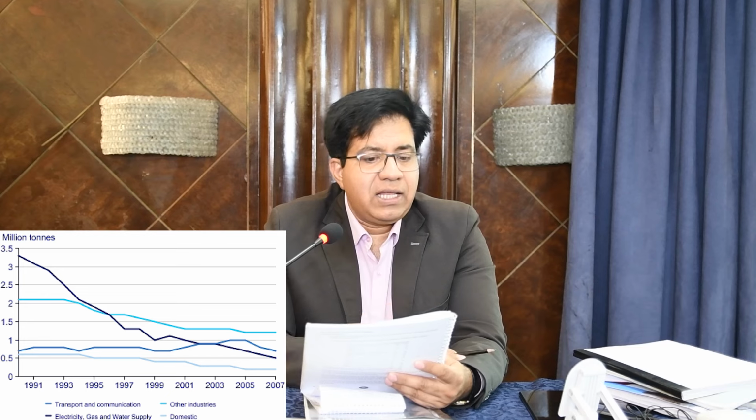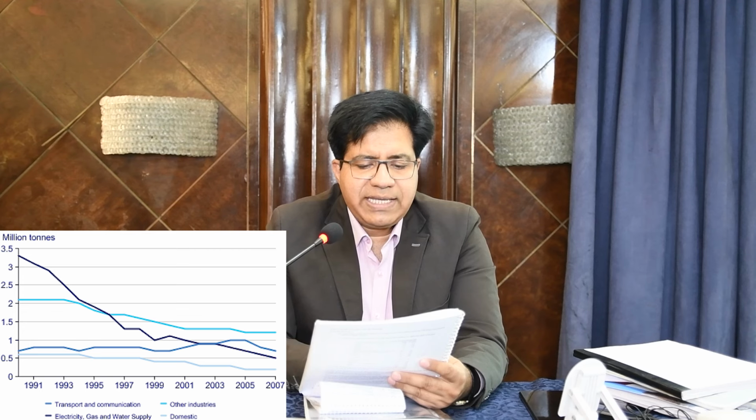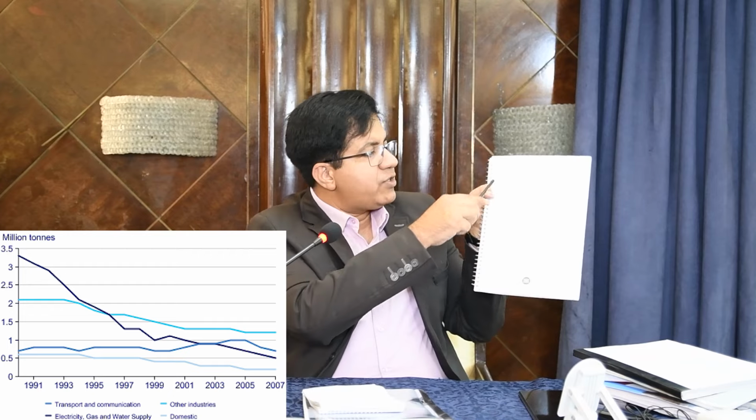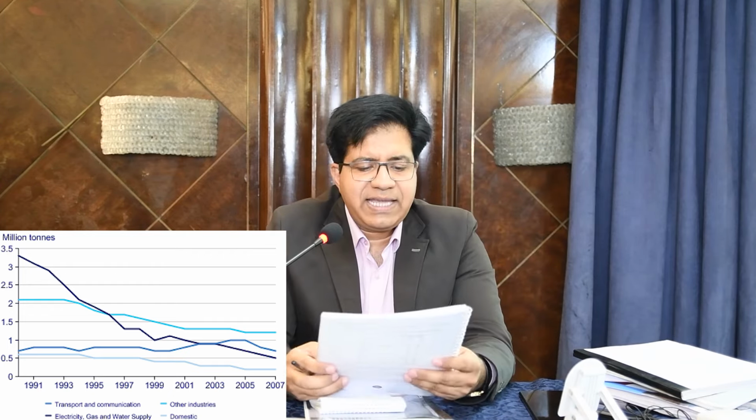Now, from 0 to 3.5 million tons, you can see these 4 lines. One line is transport and communication. Second line is electricity, gas and water supply. Third is other industries and the last one is domestic. Okay, when you write the first paragraph, the introduction, you are going to copy the sentence which is written on top. You just have to reword or paraphrase that sentence.